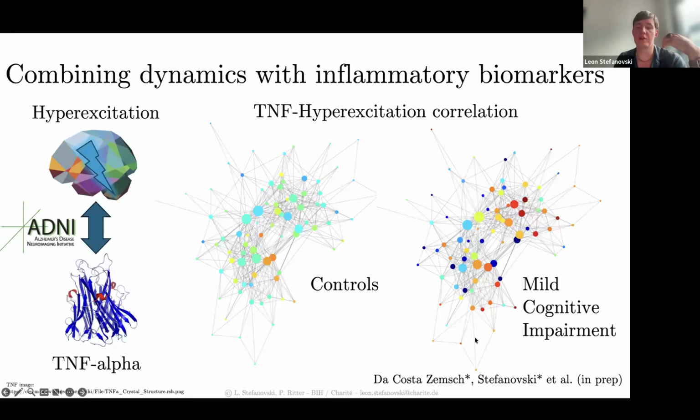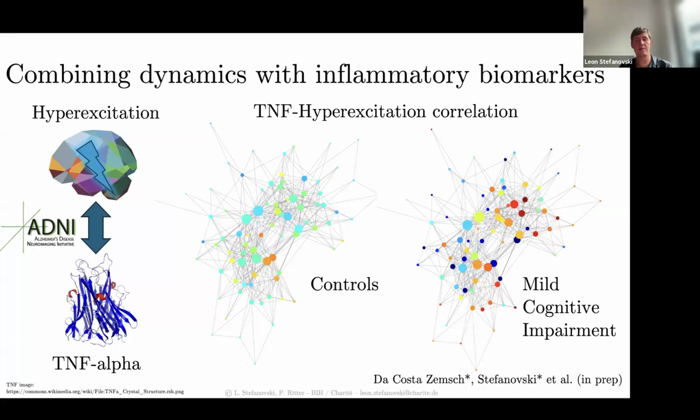And we have also one ongoing work together with a PhD student, Louise, who will actually also present something in the summer school next week, where we try to link this inflammatory branch of Alzheimer's to the excitation part. We use the subset of the Alzheimer's Disease Neuroimaging Initiative with also amyloid PET.